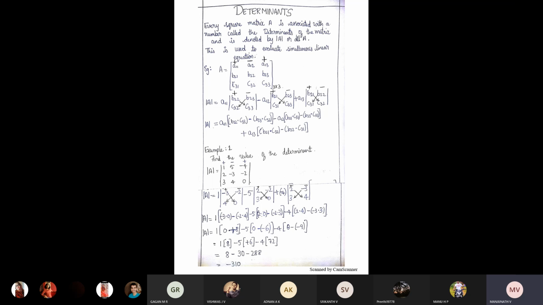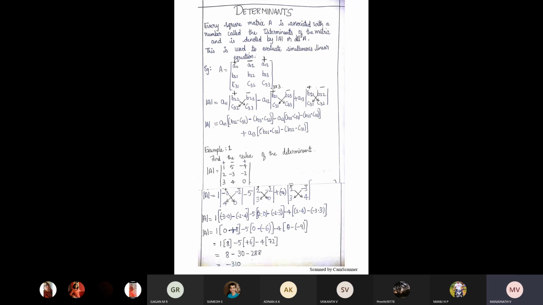It can be like this: A11, A12, A13. The first row is represented by a variable called A: first row first column element, first row second column element, first row third column element. Next is B21, B22, B23, that is the second row.